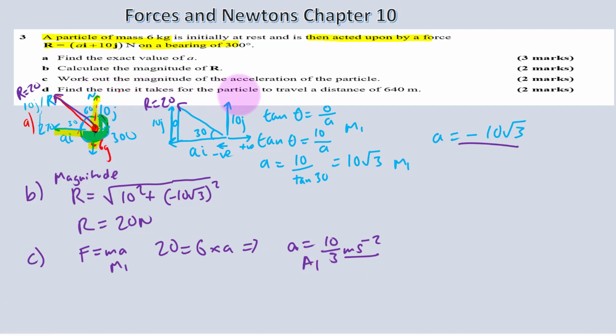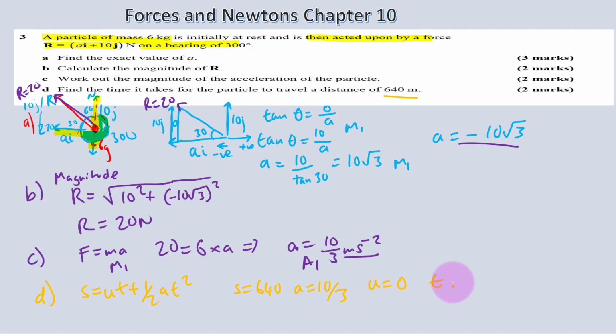Find the time it takes for the particle to travel a distance of 640. So we know s equals ut plus a half at squared. Now why we use that is we know s equals 640. We have a equals 10 over 3. We know it's initially at rest, so u equals 0.